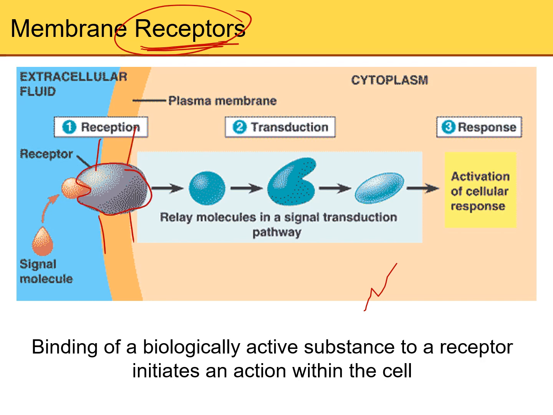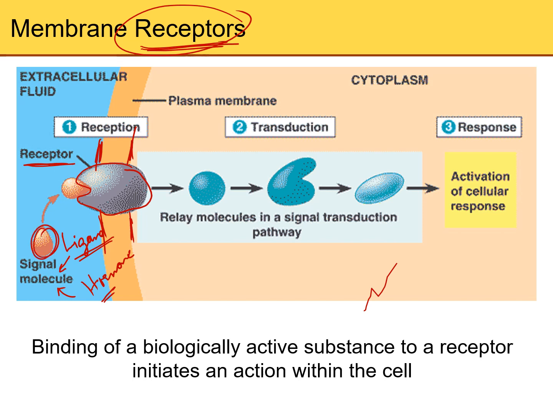In this case, this is the integral membrane protein, and this protein is a receptor. What that means is there is a signaling molecule, or we call it a ligand, the same thing as a signal molecule. It could be a hormone, for example, like insulin, or other hormones.